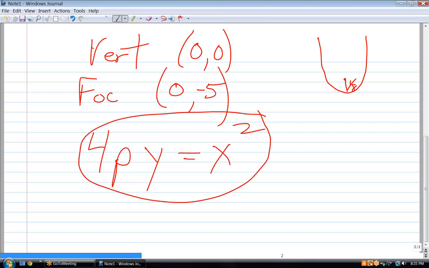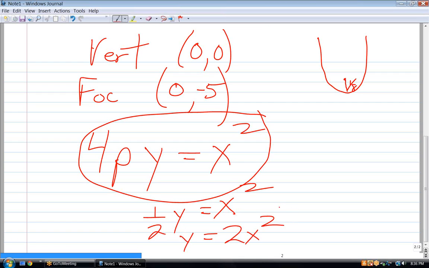And they're telling us that p is what? 1/8. Okay, so what's my equation? 1/2 y equals x squared. Or y equals 2x squared.